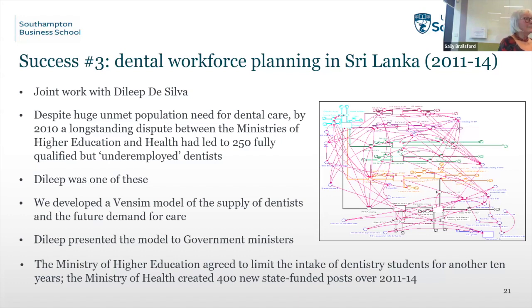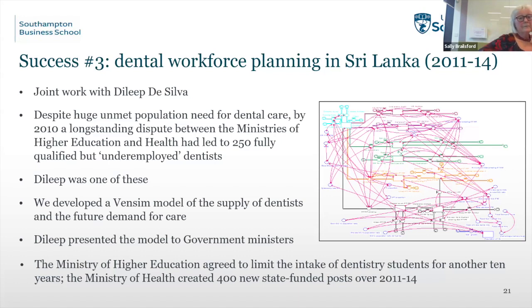But the Ministry of Health was not willing to create posts for all these doctors when they qualified. So there were 250 of them, doing all sorts of things, like serving in McDonald's or whatever. They weren't able to go into private practice because they were newly qualified, so they didn't have the reputation.